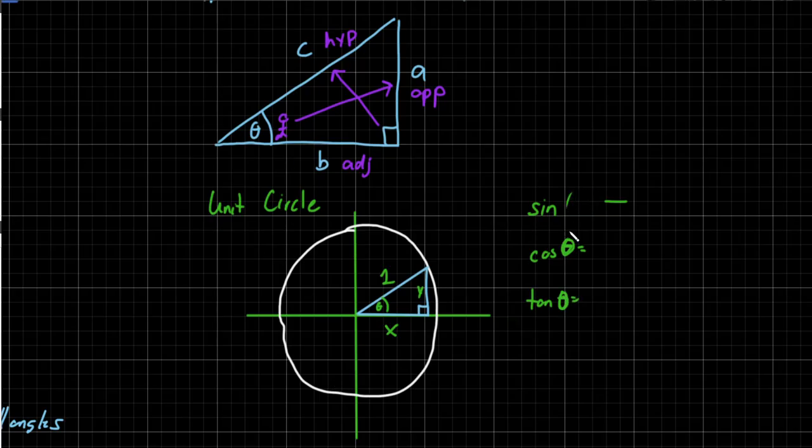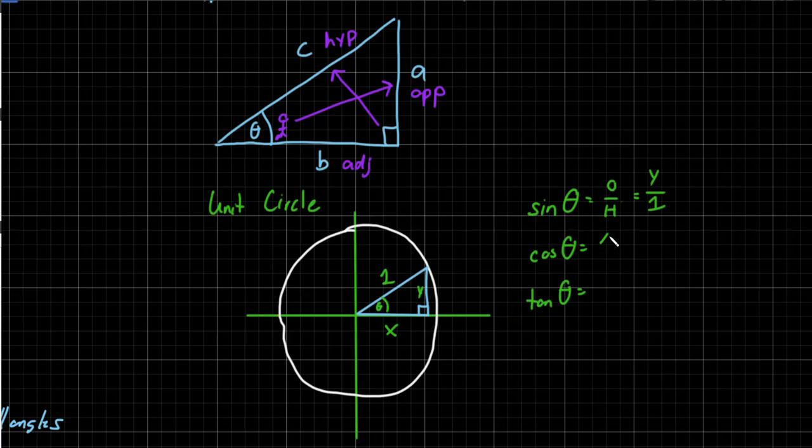This is review from geometry. Okay, sine is opposite over hypotenuse, right? What is my hypotenuse? Okay, 1. Perfect. What is the opposite side of theta? Y. Boom, you just found it.